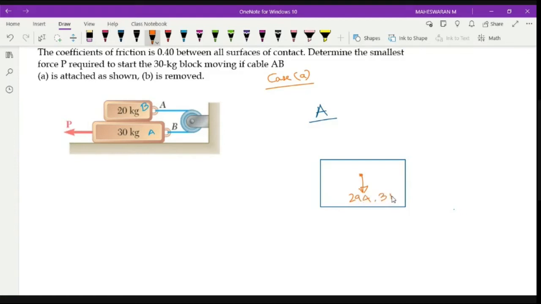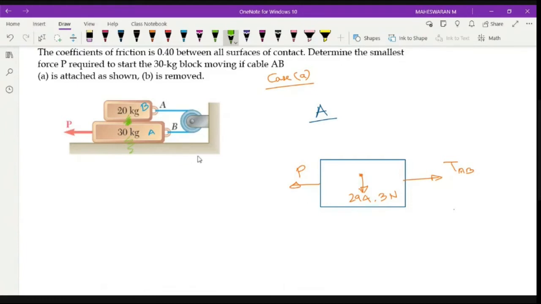which is 294.3 Newton. Then you have a force P acting along this direction, and you have TAB, a string which connects A and B. And if you look here, there are two contacts: one between B and A, and the other between the inclined surface and your block.